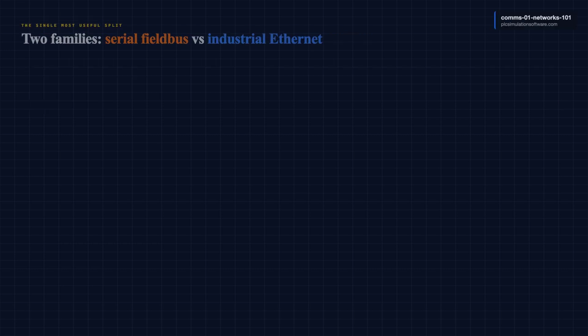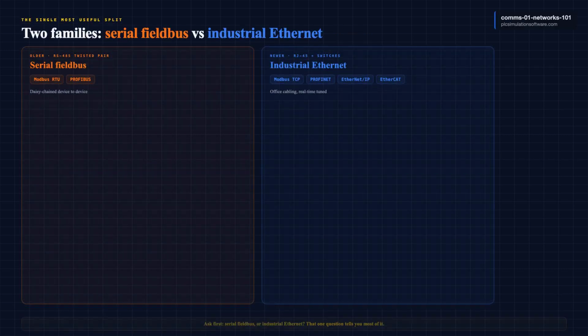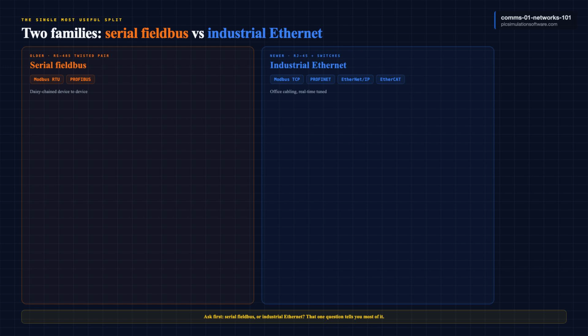Every one of these networks falls into one of two families. The first family is serial fieldbus. Older, slower, and built on RS-485 wiring, a twisted pair daisy chain from device to device. Modbus RTU and PROFIBUS both live here. The second family is industrial Ethernet.